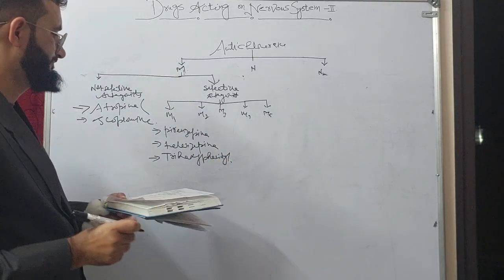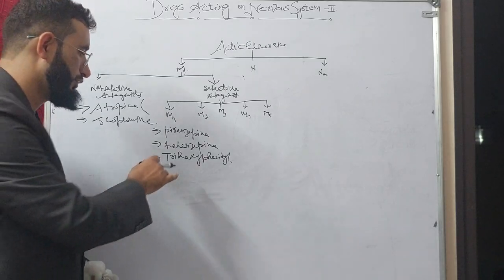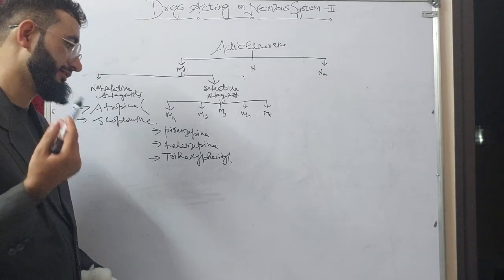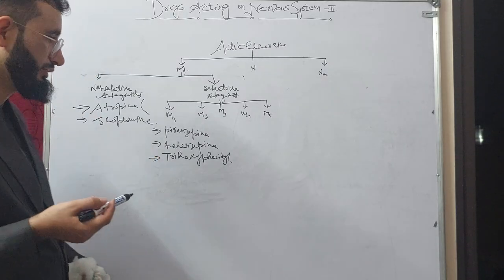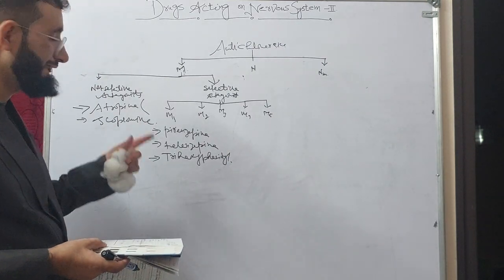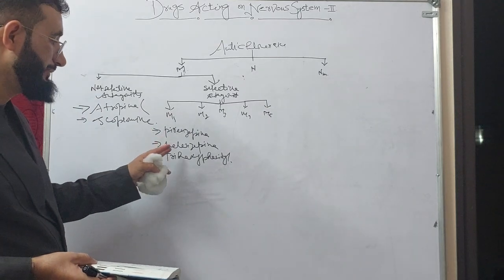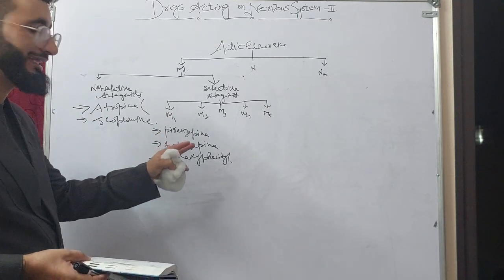The location of the M1 receptor is in the gut and also in the CNS, the central nervous system. So the M1 selective receptor antagonist examples are pirenzepine, telenzepine, trihexyphenidyl.